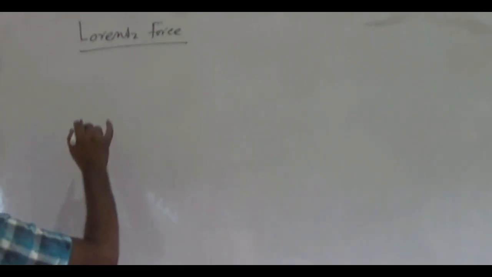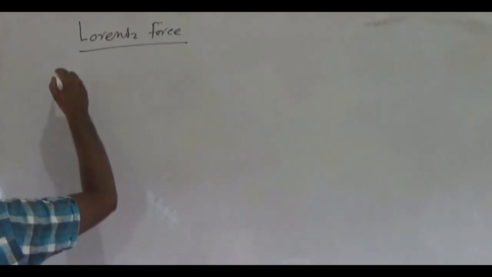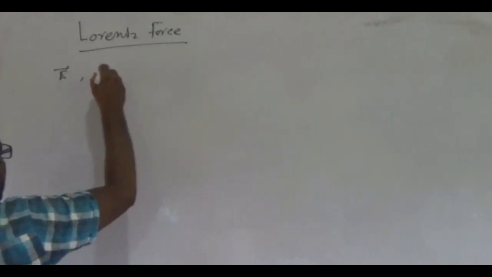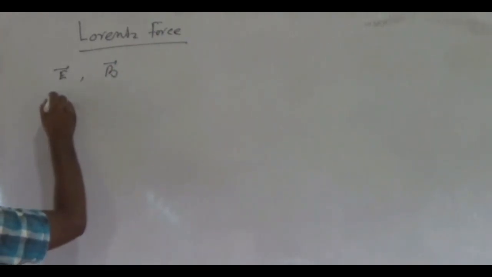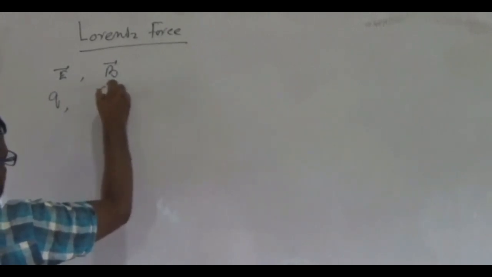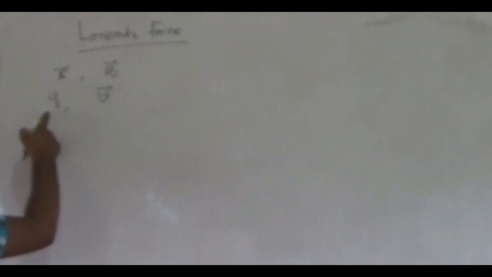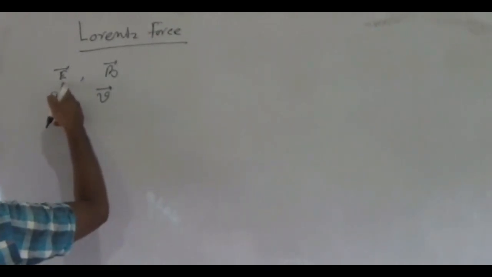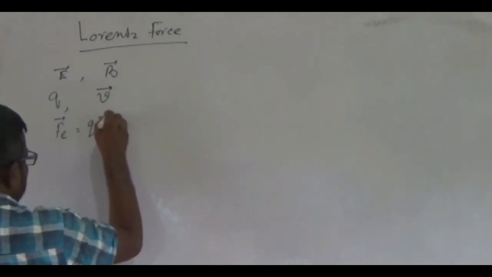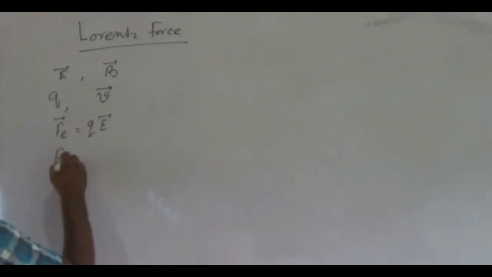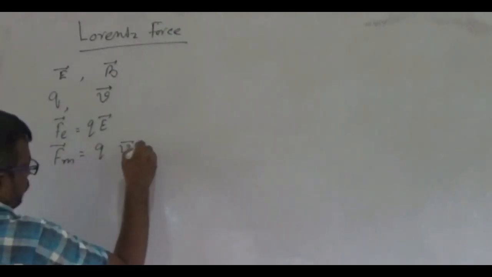That means if in this region there is an electric field of intensity E and also a magnetic field of intensity B, and in this region a charged particle of charge Q is moving with velocity V, then this charged particle experiences a force due to the electric field, that is Fe, called the electric force or Coulomb force, which is equal to Q into E. And due to the presence of the magnetic field, the charged particle also experiences a force called the magnetic force, Fm is equal to Q into V cross B.